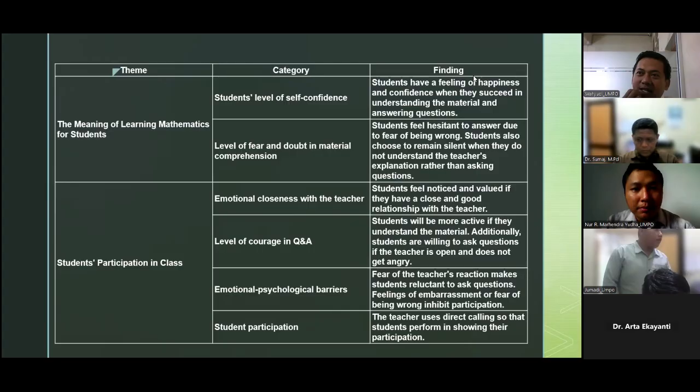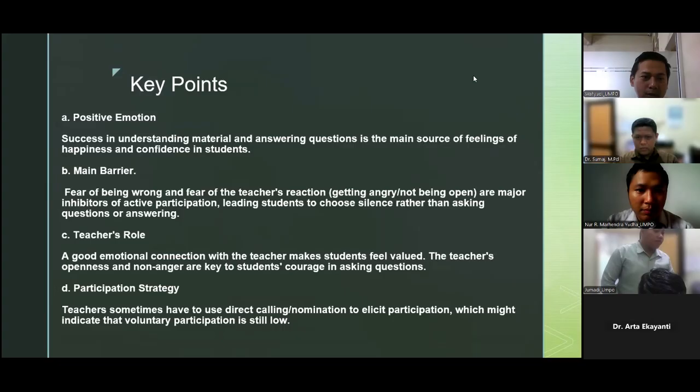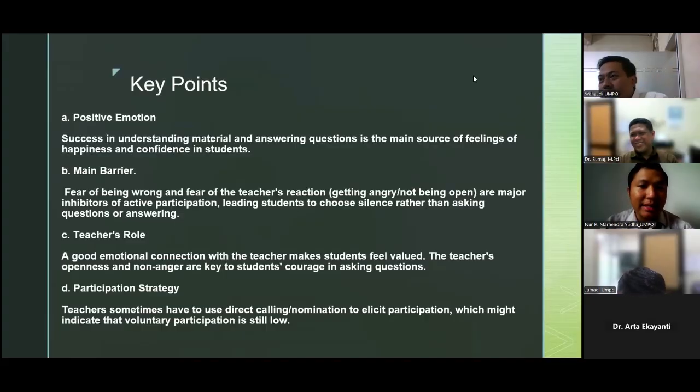Next slide, please. If we try to conclude everything in that table, here are the key points. The first is positive emotion: the success in understanding the material and answering questions is the main source of feelings of happiness and confidence in students.